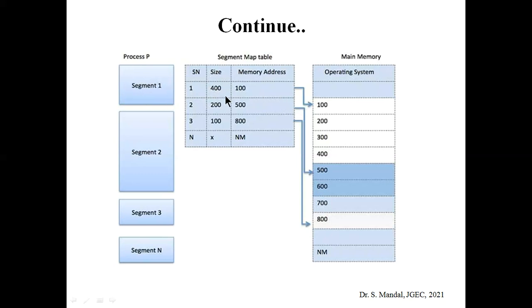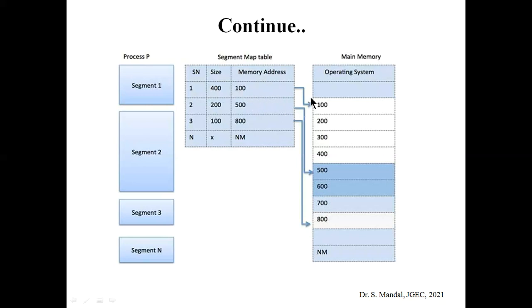Suppose the CPU wants to load segment 1 into the main memory. What will happen? In that scenario, it will first check which segment we want to load. As it indicates segment 1, it will go through the row corresponding to segment number 1, and it will find that the memory address starts from 100.